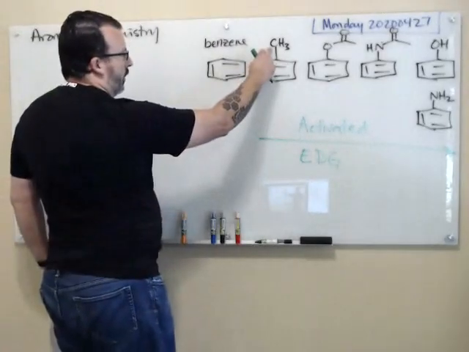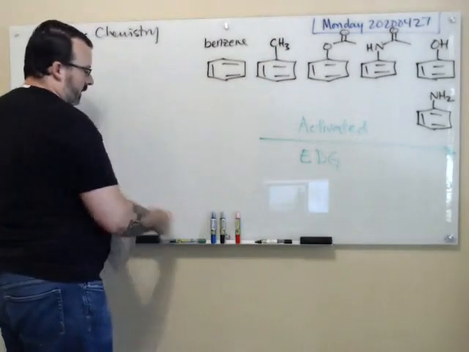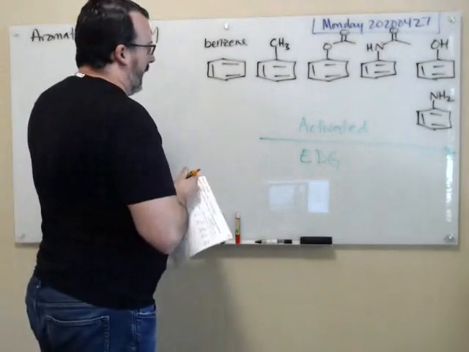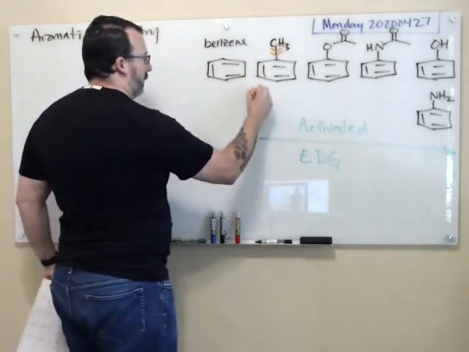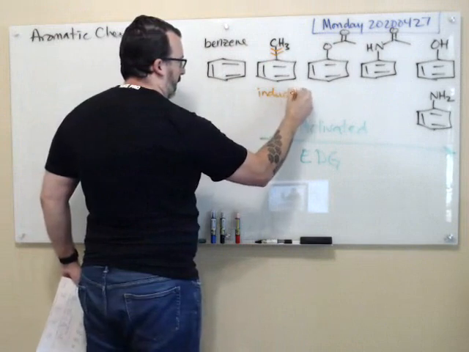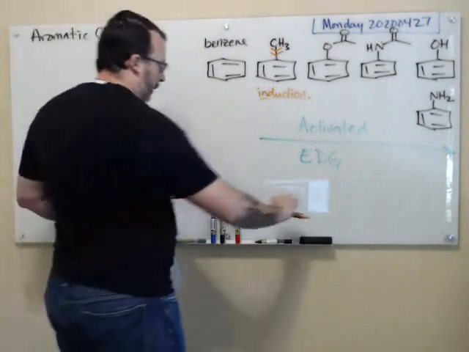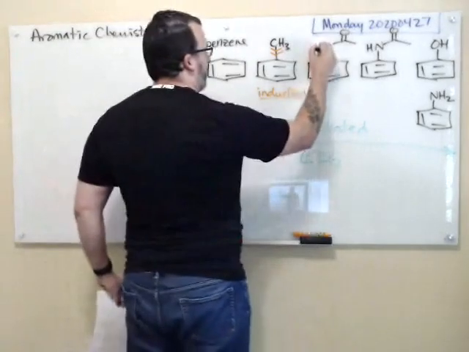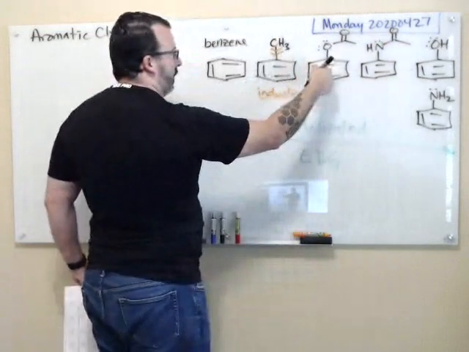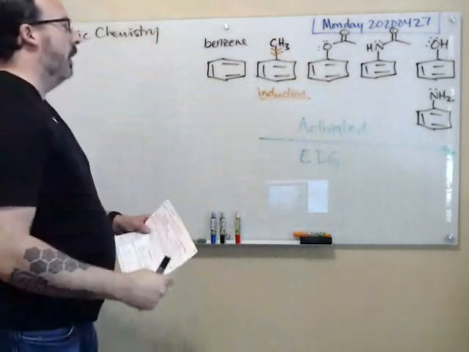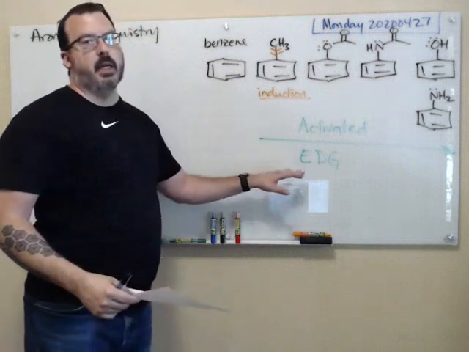The methyl case here is the only one that does not have lone pairs of electrons. And so what this does, it activates through induction. And that's through the bond. The rest of these all do it through the lone pairs of electrons in resonance. So the lone pairs resonate into the ring. It makes the ring more electron rich than benzene itself. So these are electron donating groups.